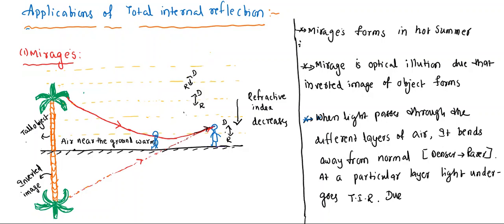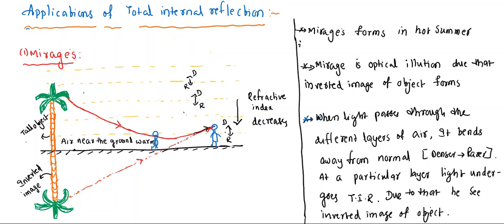This light ray which is reflected and reaches the eye appears to be coming from the ground, and he observes the object, a tall object which is above the ground. He sees its inverted image, right? Due to that, he sees the inverted image of the object.